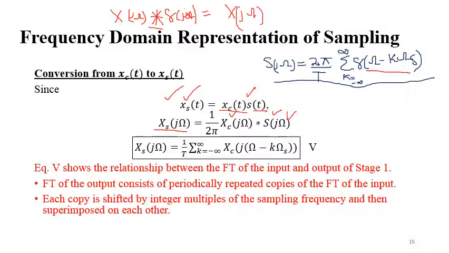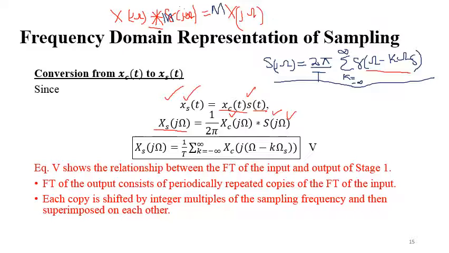Whether you are in time domain or in frequency domain, if there is convolution, X(jω) convolved with the impulse of jω will result into X(jω). If this is scaled, for example by a factor of m, the resulting signal will be scaled by a factor of m.